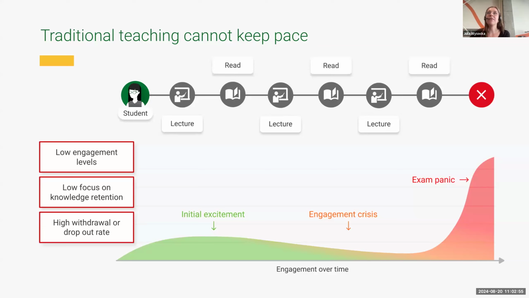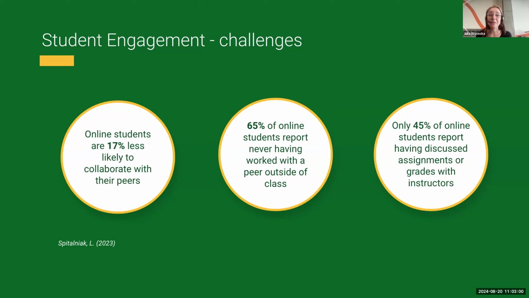In addition, we see the additional challenges that online students really experience less collaboration with their peers, which is a concern because we know that students work best by practicing, teaching, and collaborating with others. Next to it, the research also shows that some students have never worked with peers outside of the class.